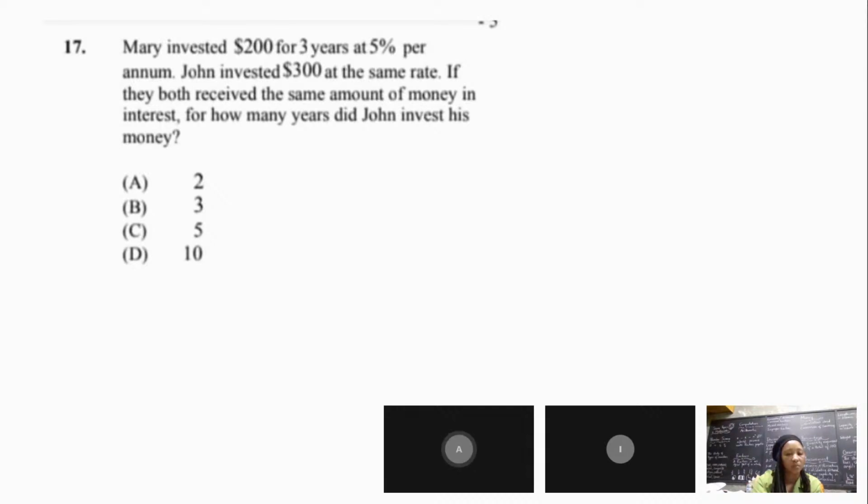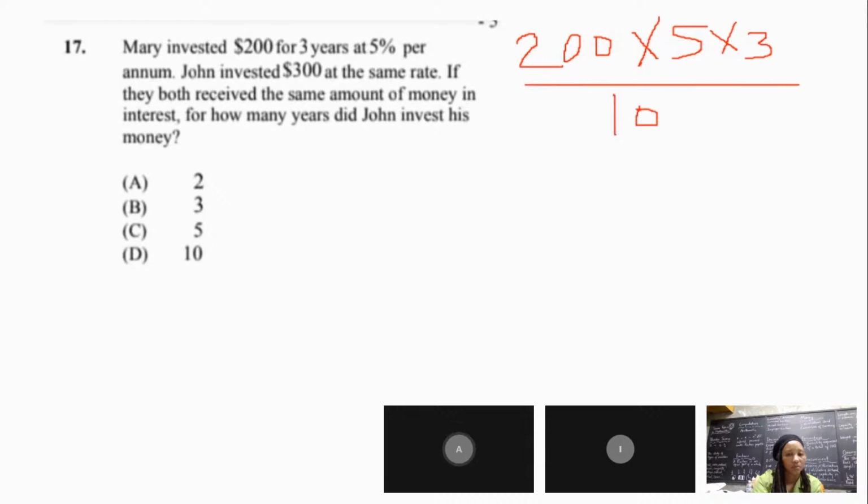That would be 200 multiplied by 5 multiplied by 3 over 100. So that's 30.